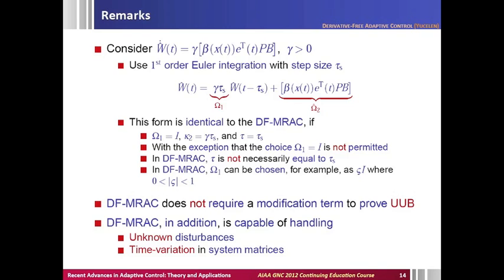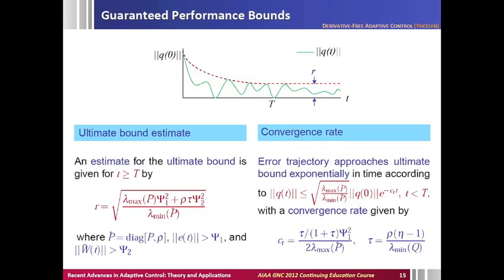So here we talk about uniform ultimate boundedness, and we didn't mention the modification term because it does not require any modification term to prove UUB. For robustness, again, we can include. So it is capable of handling unknown disturbances, time variation in system matrices. So we have a bunch of design parameters.